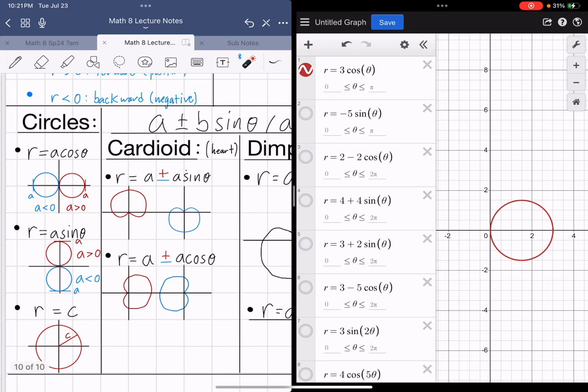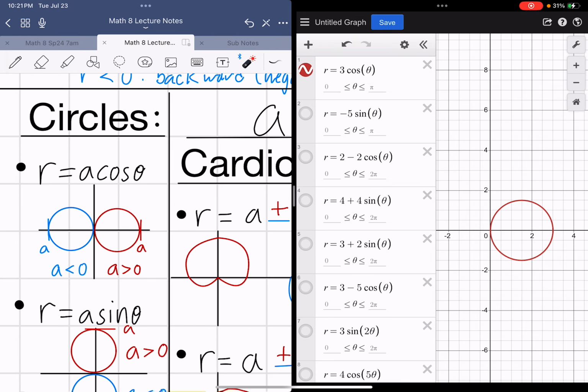And that's how there's going to be a few different ways to write circles. So one is having r equal a cosine theta all on its own. Key thing is the argument for cosine has to have a leading coefficient of 1, so you don't want any numbers inside that argument.